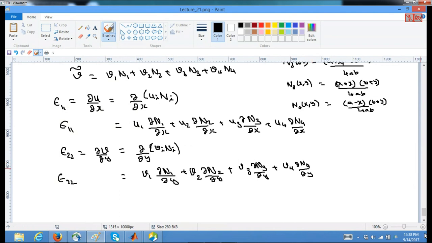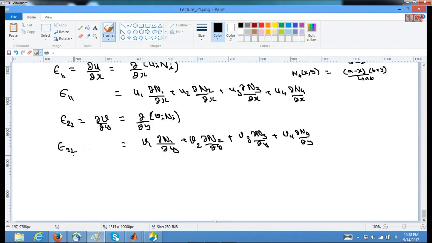Now, since I'm only doing a 2D formulation, I'll restrict myself to epsilon 1 2 alone. So it is equal to 1/2 of dou u by dou y plus dou v by dou x.